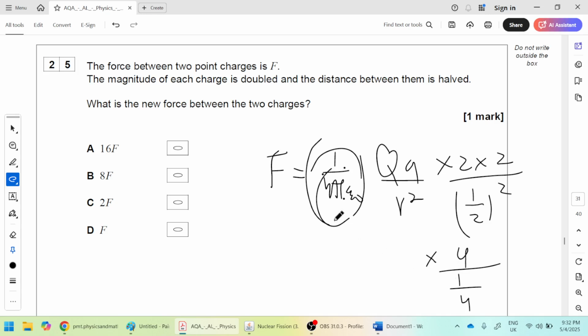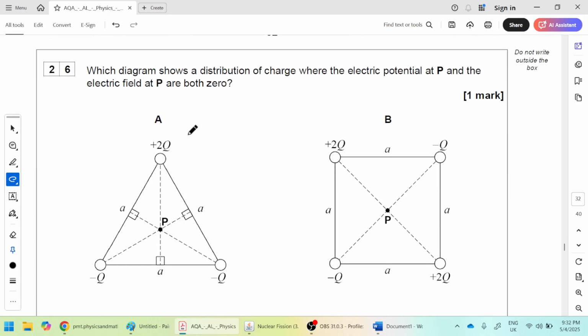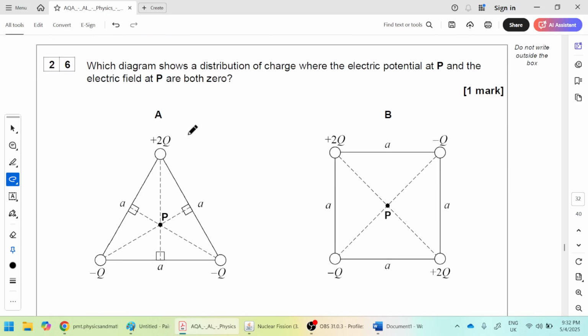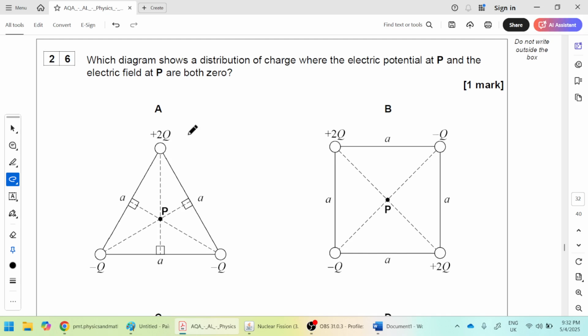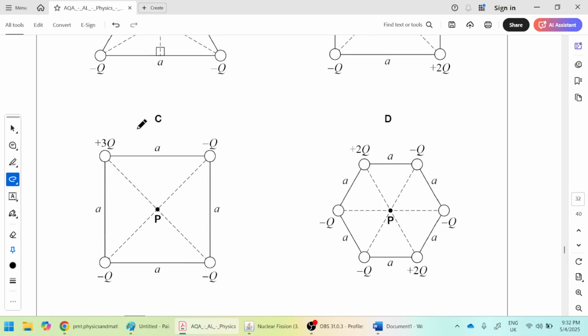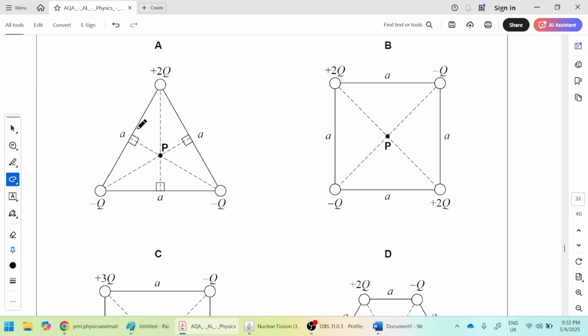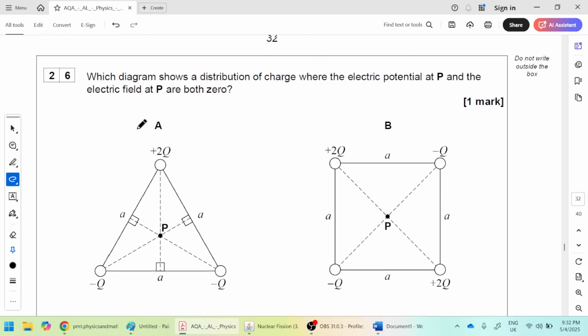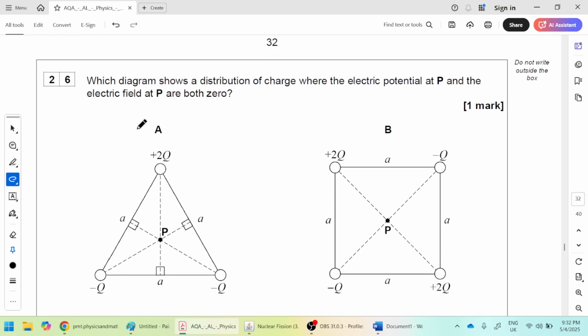Which diagram shows the distribution of charge where the electric potential at P and the electric field at P are both zero. Okay, let's see. Since it's a MCQ, there must be an easy way to do it. Okay. So what I'm thinking is cancellation.